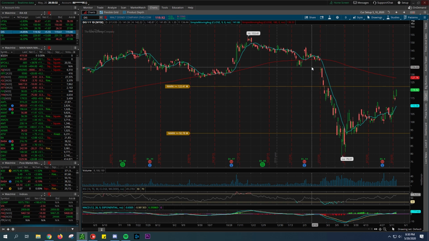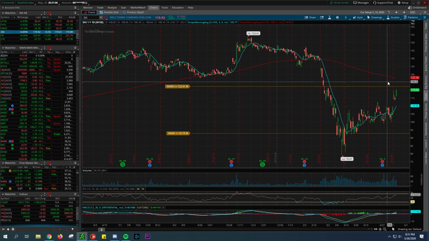Then you get the crossover basically here of the MACD with the teal line over the white. You have this oversold symbol down here, kind of stopping, and now it's hugging in and around the 8 simple moving average, trying to climb higher, potentially looking to see some strength or some resistance at around the 125, 127 level once it hits the 180, and see how it plays off that.